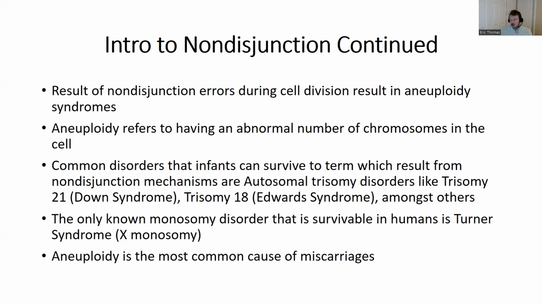As it turns out, it's due to these nondisjunction errors that happened somewhere along the way in the meiosis process. Depending on the error, sometimes the maternal germ cells are the most likely culprit. With other ones, it's more likely that it came from the paternal side of things.